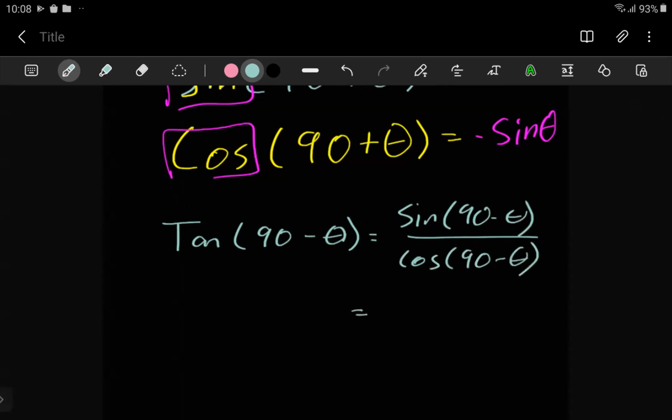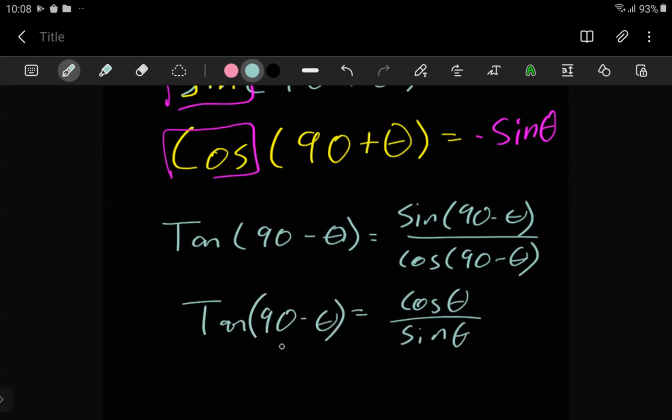And then logically speaking, this is cos theta, and this is sine theta. But this is not something you need to worry too much about. For interest's sake, now you know. Because remember, tan can be written as sine over cos. And whatever is here is going to be there and there.